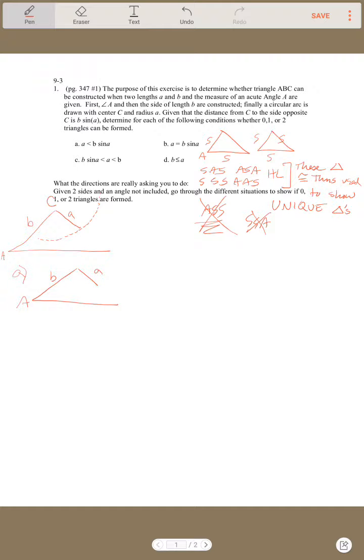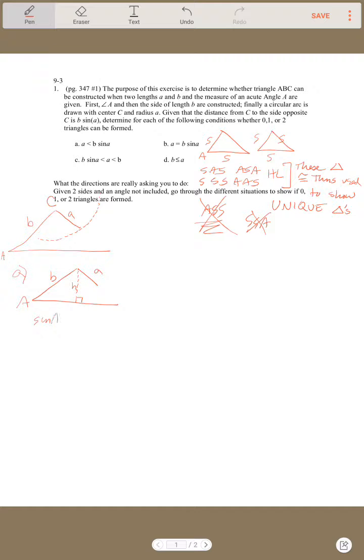Where exactly is that B sine A coming from? Well, if you think about how a triangle typically needs to have a height right there, if you draw that height down, and you develop your trig function with angle A here, the height is the opposite, and B is the hypotenuse.